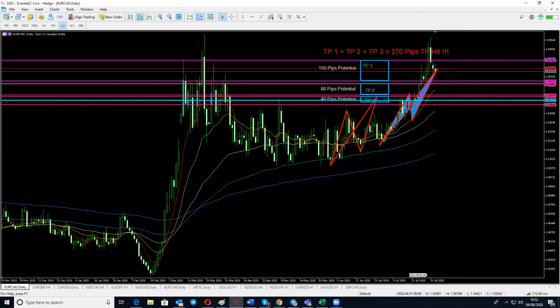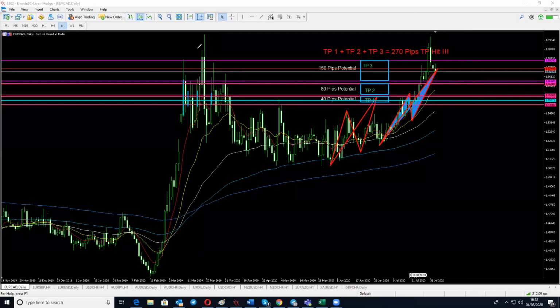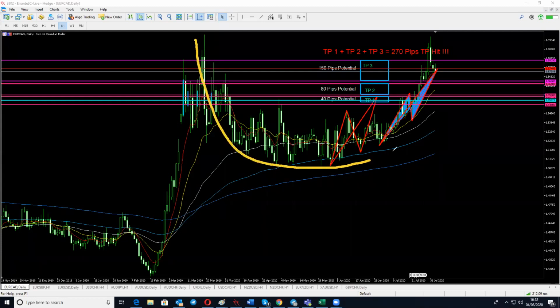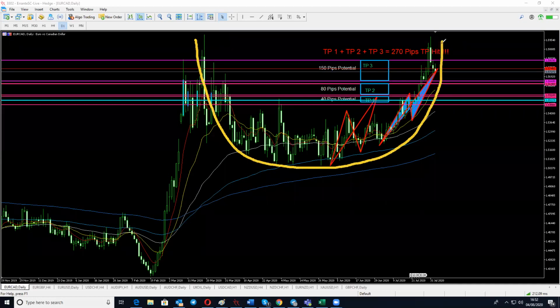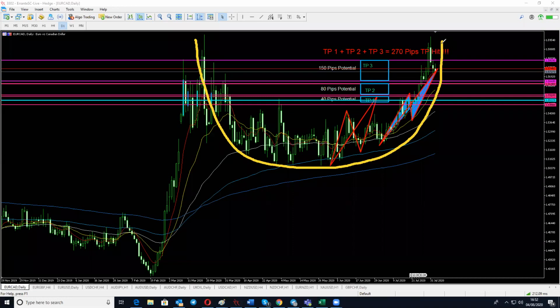So let me just draw it out. Basically, that is your very nice cup, candlesticks pattern on a cup. Now that move downwards should actually be moving like this, a zigzag of course, and it comes down to this area.